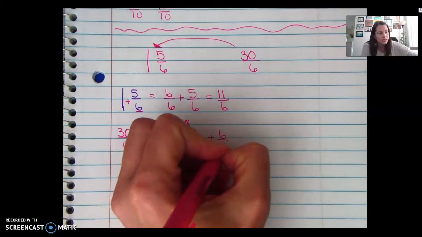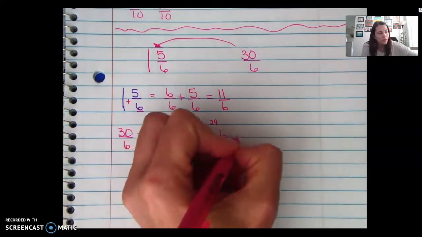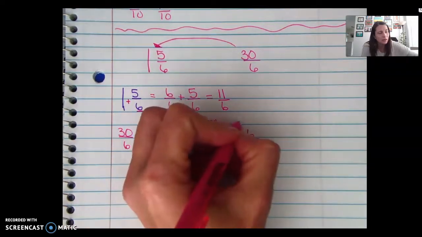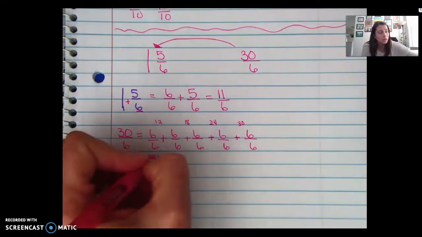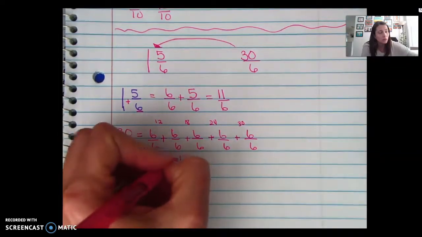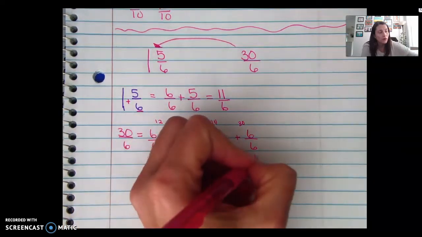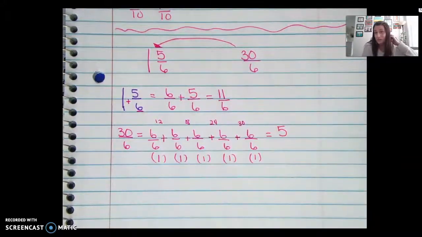Take out another 6. What is that? 24. And take out another 6. And that is 30. So really, that is 1, 2, 3, 4, 5. That's actually equal to 5 wholes. 30/6 is equal to 5 wholes, nothing left over.